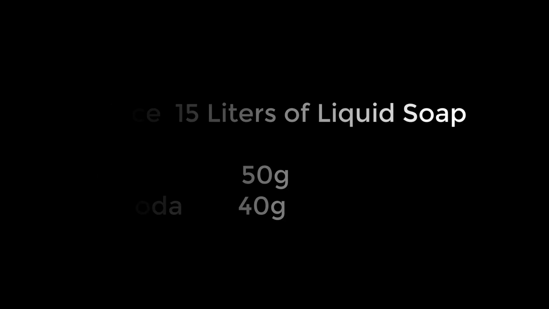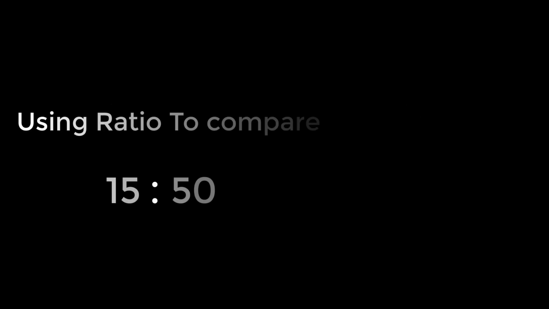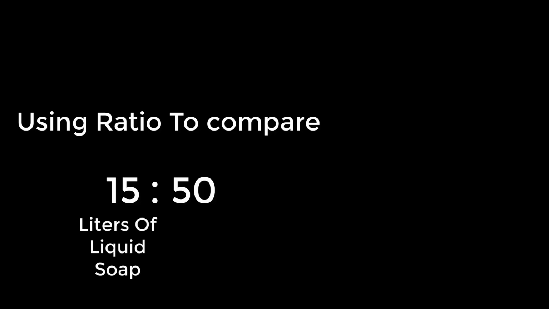Now, in comparing these two quantities, it can be written as 15 ratio 50. This means that to produce 15 liters of liquid soap, we will need 50 grams of nitrosol.